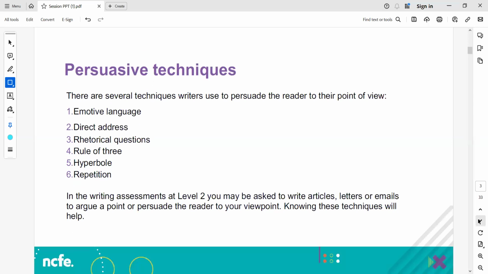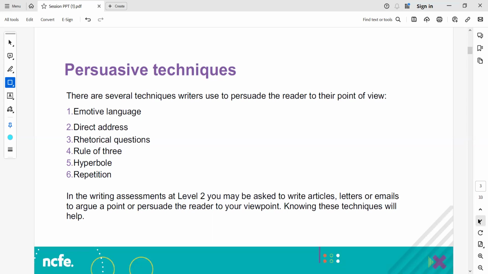Persuasive techniques. There are several persuasive techniques used by writers, and they're used to persuade the reader of their point of view. So emotive language, direct address, rhetorical questions, rule of three, hyperbole, and repetition.